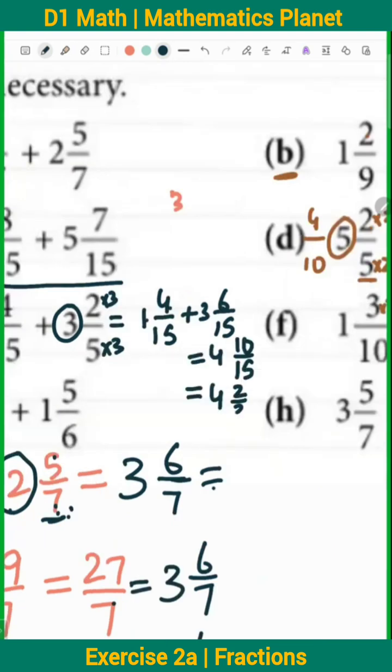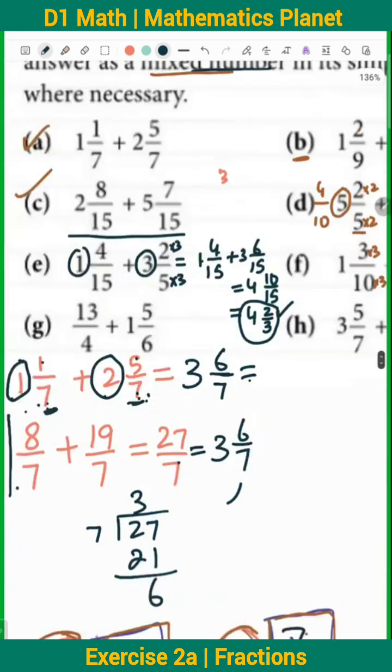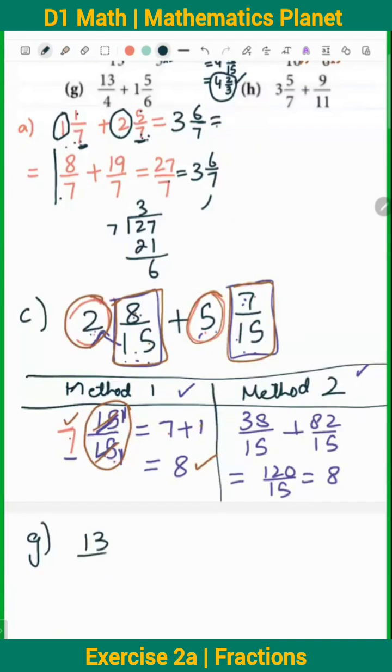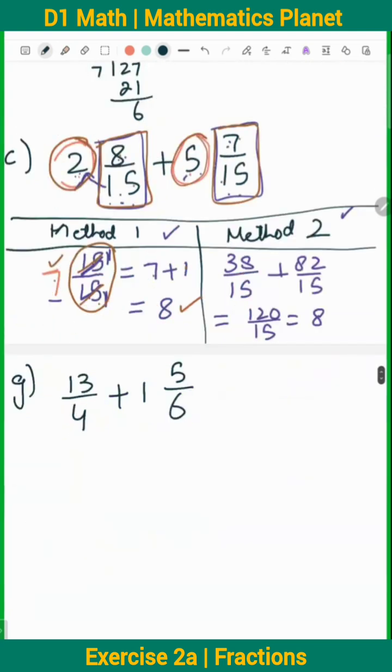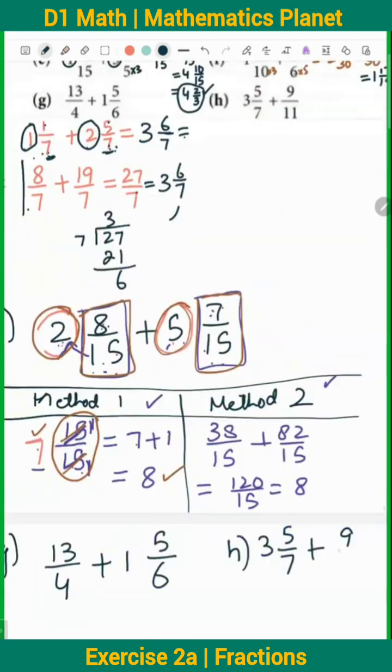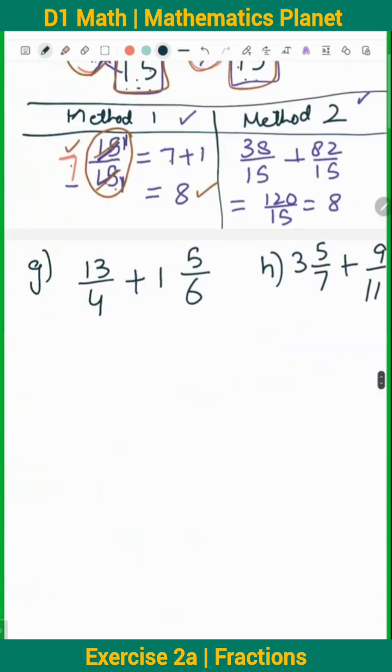Okay. We are left with part G. 13 by 4 plus 1 whole 5 by 6. I am solving part G over here. And I want Fatima to answer this question. Yes, Fatima. Because the whole number is 1, first we can just make the denominator the same. For that, we can take the LCM. Very good. So what will be the LCM of 4 and 6? 2 2s are 4 and 2 3s are 6.